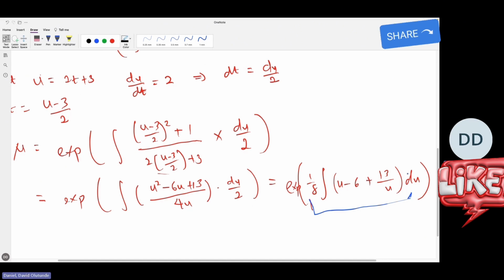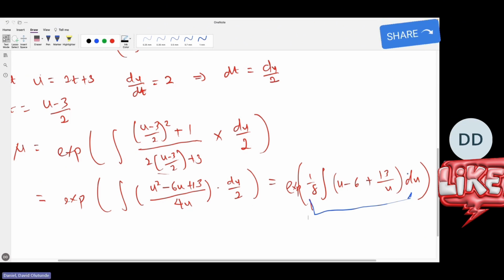Even without polynomial division, you can see this is the same as u squared over 4u minus 6u over 4u plus 13 over 4u, multiplied by du over 2. So 1 over 8 is simply from multiplying the denominators: 4 times 2 is 8.